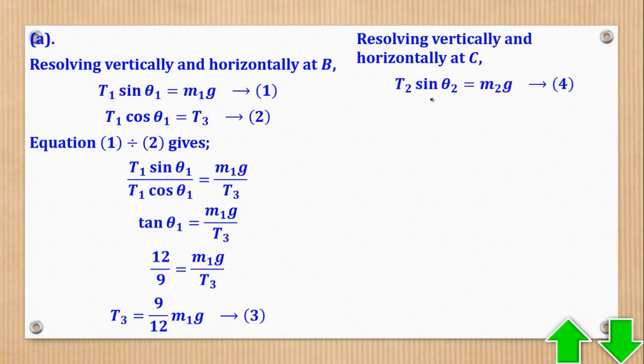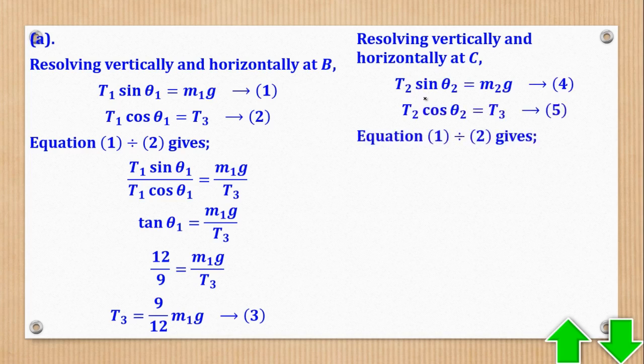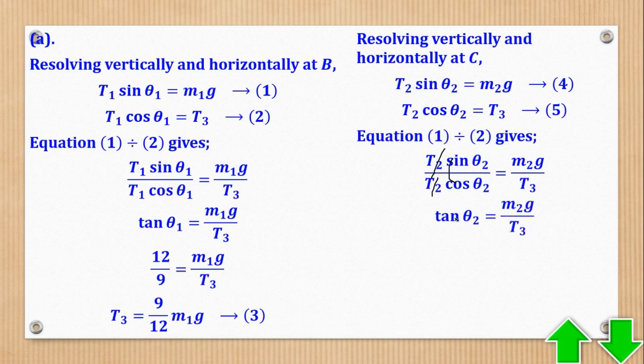Vertically it is that, horizontally it is that. When I divide the two, I come up with this. Now this cancels, and this gives you tan. But I already know that tan theta 2 is equal to 12 over 5. Therefore, T3 will be equal to that.